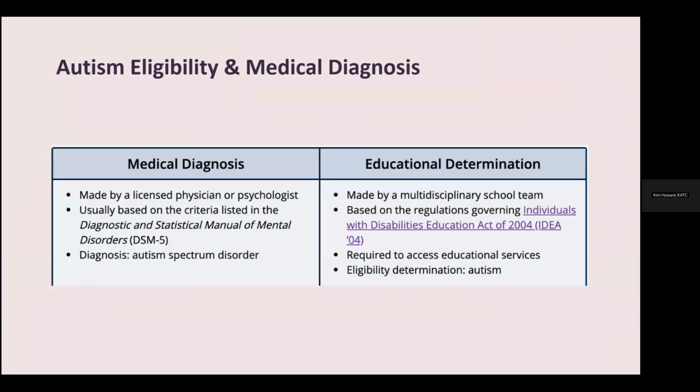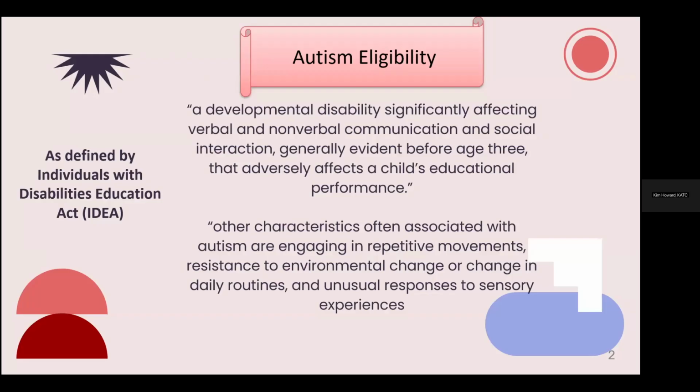Autism eligibility and medical diagnosis. So the previous slide is what we use for Kentucky schools. That is IDEA. That is our definition when we're looking at school-based diagnosis for autism. We know that autism is a complex disability because it can look very different across our students.